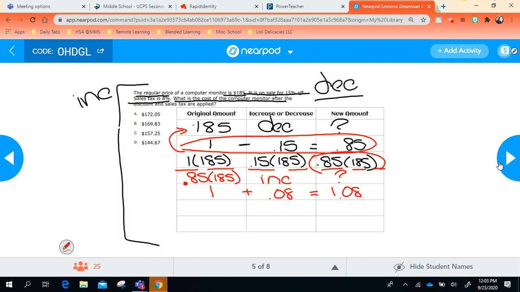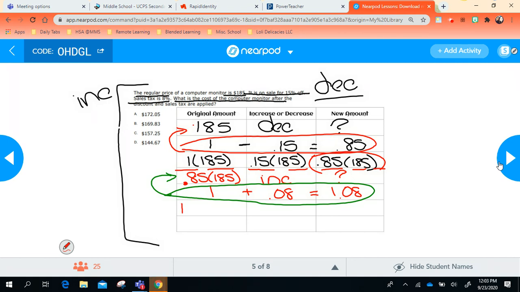Anyway. Okay, so again, we're going to do the same thing we did with our first step. We're going to multiply our decimals by our original amount. So I'm going to go ahead and take 1 times 0.85 times 185.